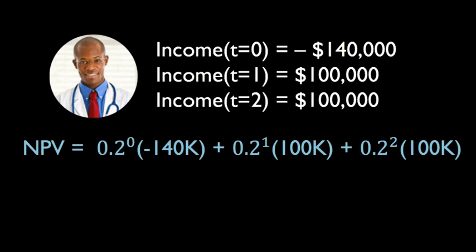To that, we would add his delta of 0.2 raised to the next time period, which is t equals 1, and multiply that by his income in that next time period, which is $100,000. And then finally to that, we would add his delta of 0.2 raised to the next time period, which is t equals 2, and multiply that by his income during time period t equals 2, which is $100,000.